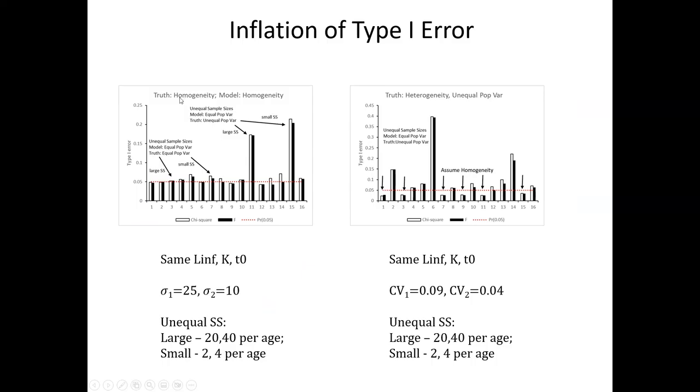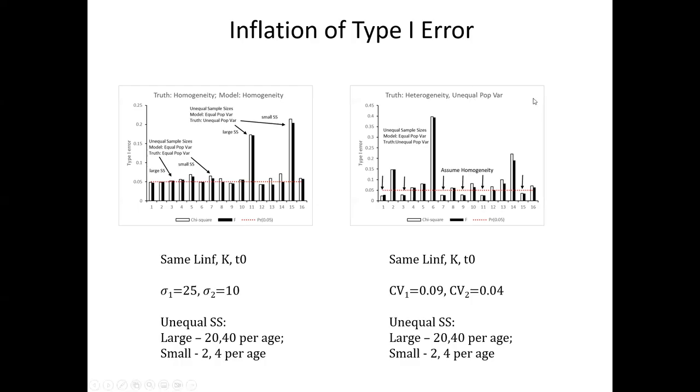The truth is that you have homogeneity of variances and you estimate, for instance, a GNLS model assuming homogeneity of variances, but the truth is that there are unequal population variances. You can get these major spikes in type 1 error, which means you're going to find differences in group comparisons more often than there should be.